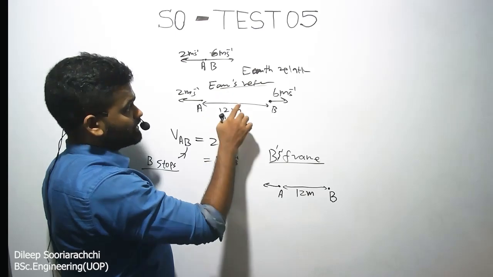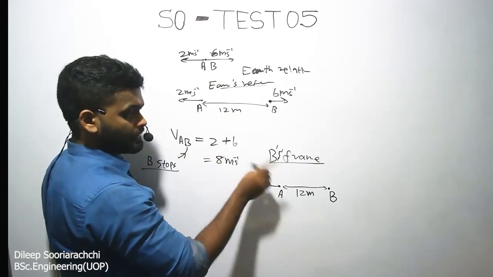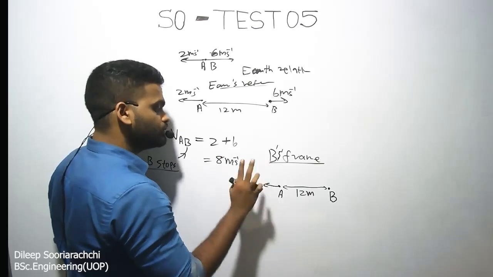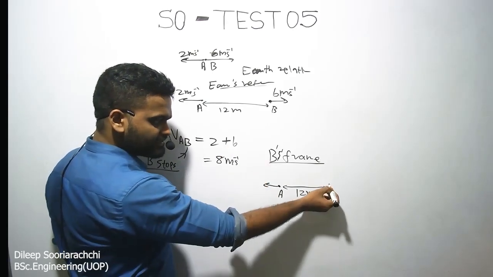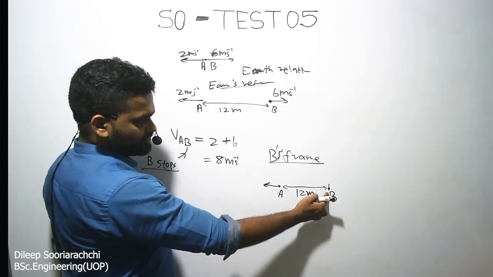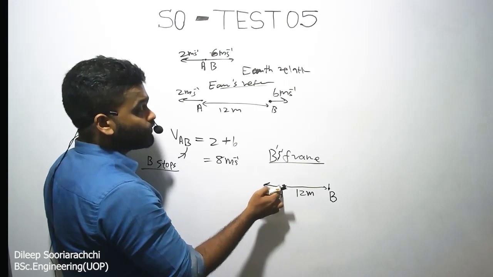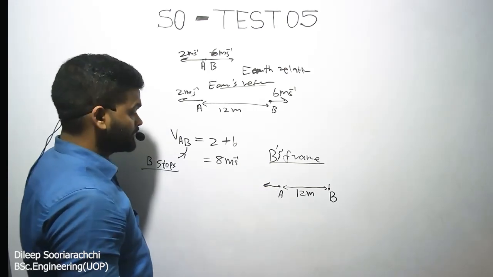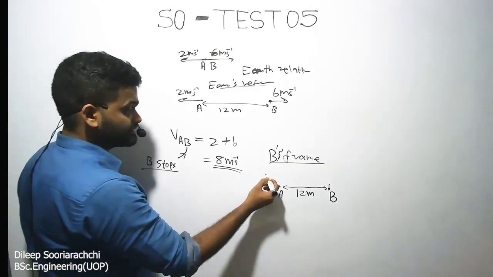But in Earth's frame, the 12 meters is done by both A and B. In B's frame, the whole displacement is done by A, at what velocity? Relative to B. That's what we found: 8.